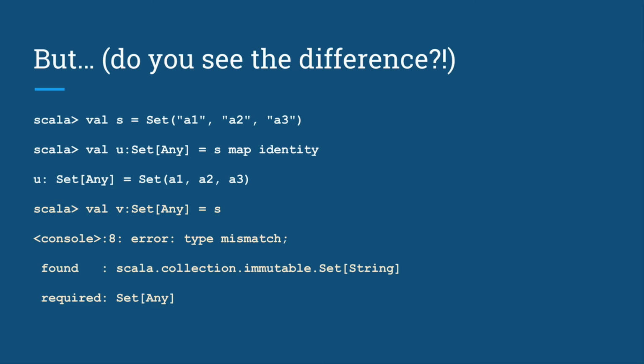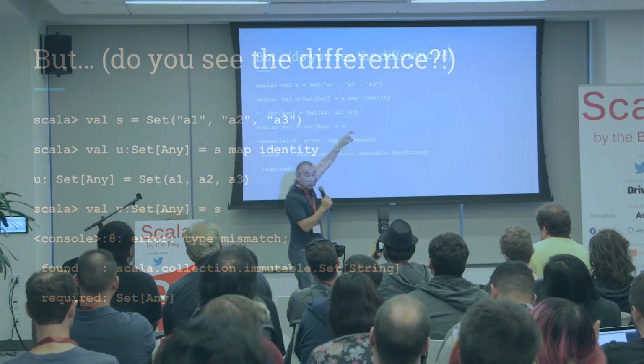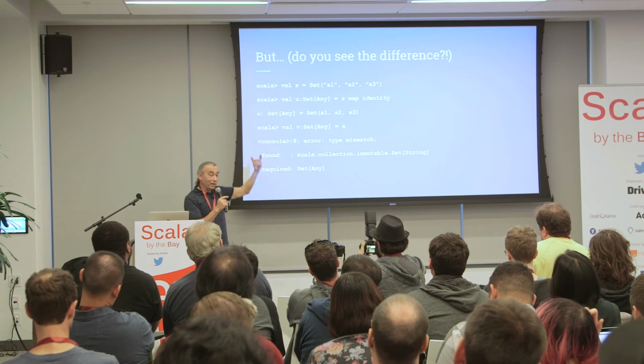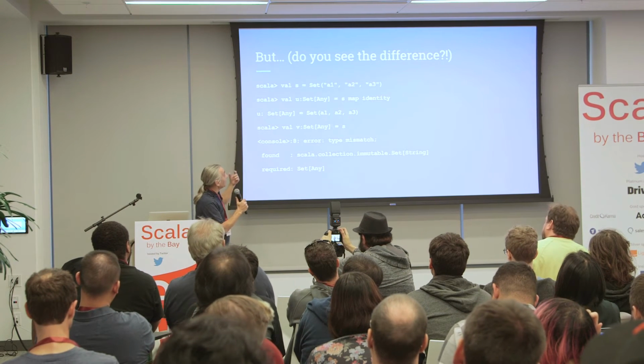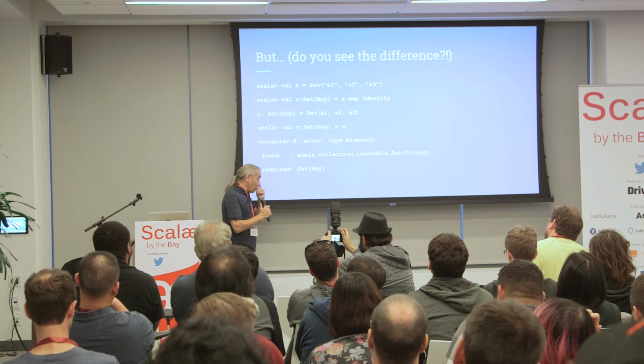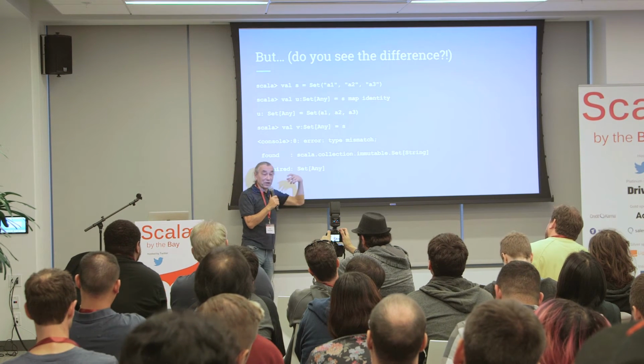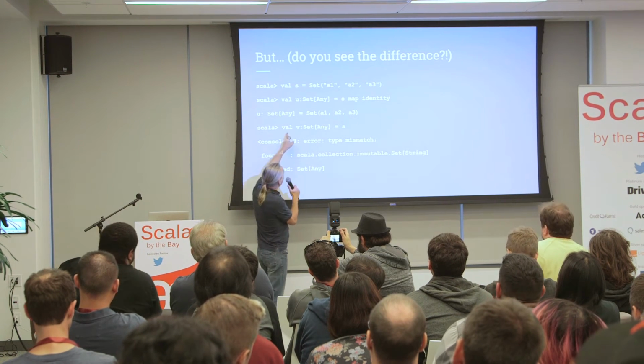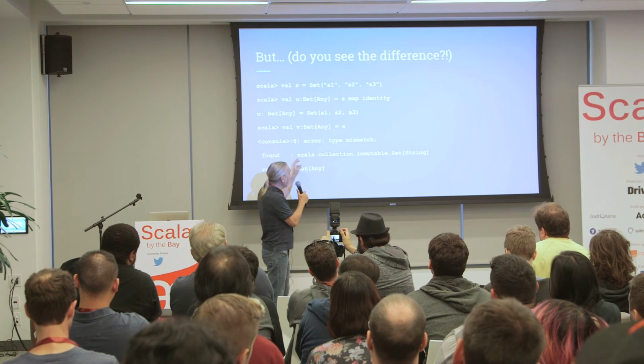So if we have a set A1, A2, and A3, and we do this mapping of identity, okay, it works, right? So we'll have a set of any, and we apply identity. That's a wider mapping using functions. But if we try to map using just the subtyping relationship, somehow it doesn't work: type mismatch.